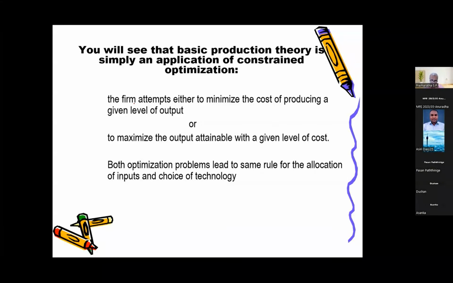The point is that when producers achieve this cost minimization or output maximization strategy, they automatically reach the economic efficiency. That's the connection, that's the point we tried to develop last 2 weeks.